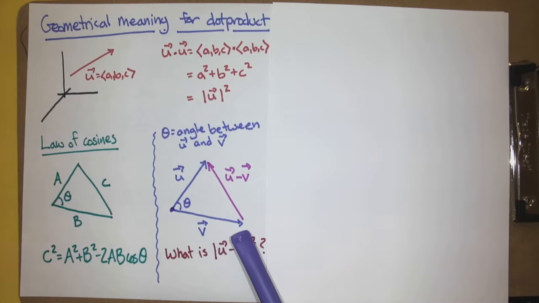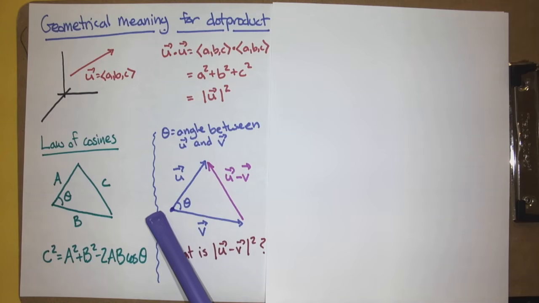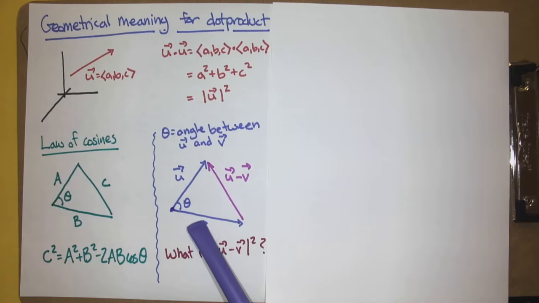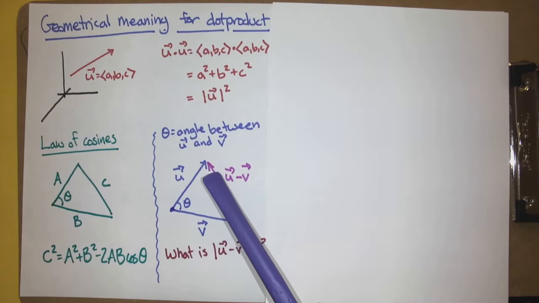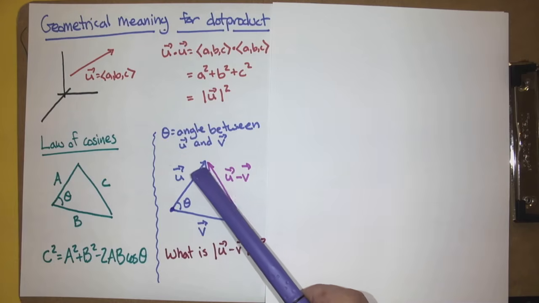Well, I claim that this third side of this triangle is the vector u minus v. Now that might not be so clear, but let's think about it. If I added v plus this vector, what's the equivalent vector? v plus this is the same as doing u.